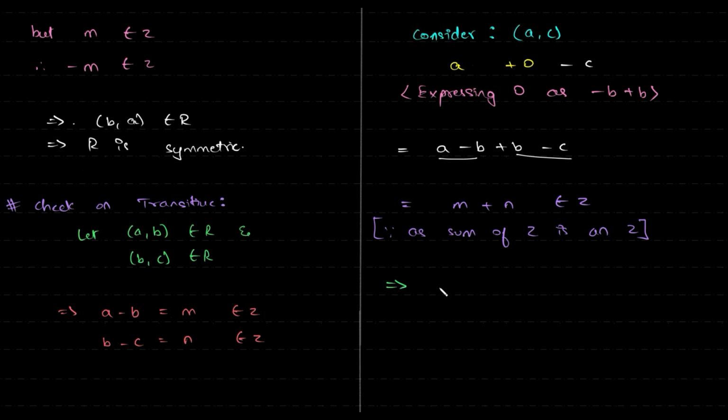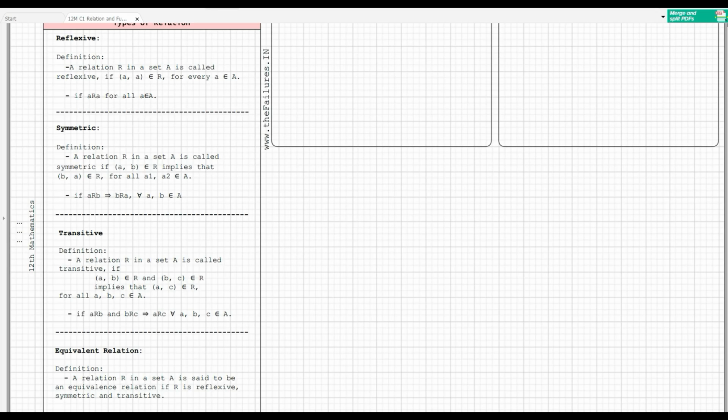From this I can infer that a comma c belongs to, not Z, R, my bad, and from this I can infer that R is transitive. With all of this writing, at the end of it, we'll be able to tell that if all the three are true, it is called an equivalence relation.